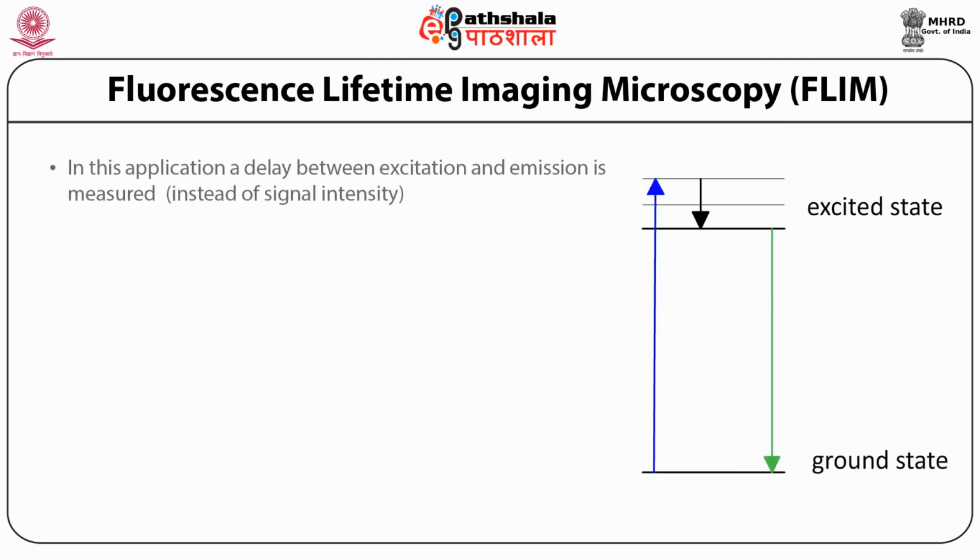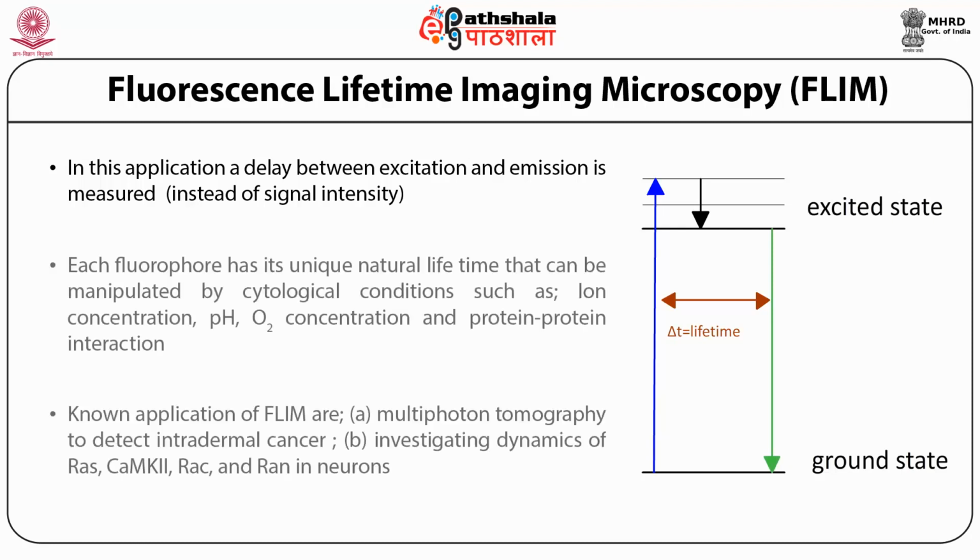Fluorescence lifetime imaging microscopy, FLIM. This application is based upon the delay that we see between the excitation and emission of the fluorophore, and each fluorophore has a unique natural lifetime that can be affected by cytological conditions such as ion concentration, pH, oxygen concentration within the cell, and protein-protein interaction.